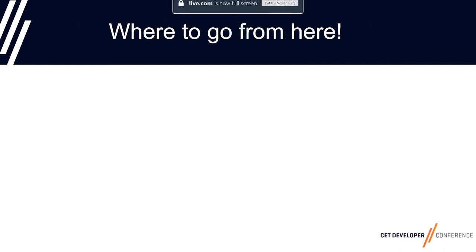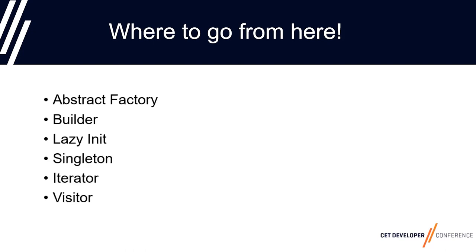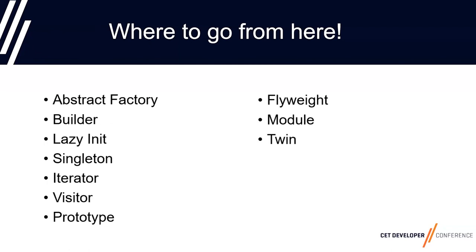So where do we go from here? Well, as you've seen, there are some pretty cool ways that we can apply specific patterns to development in CL. And there are a lot of these. And they are all designed to solve very specific problems. I mean, just going through some of these here, the flyweight pattern is used to minimize the number of objects.